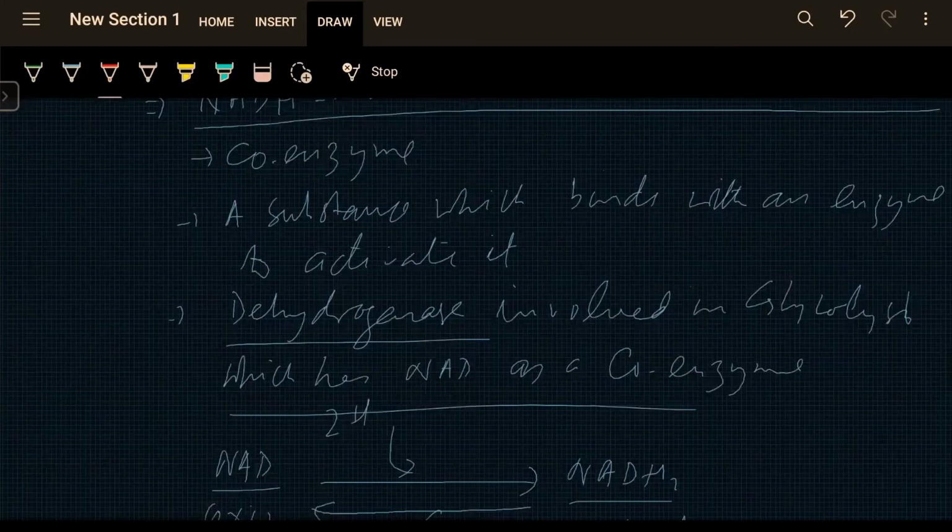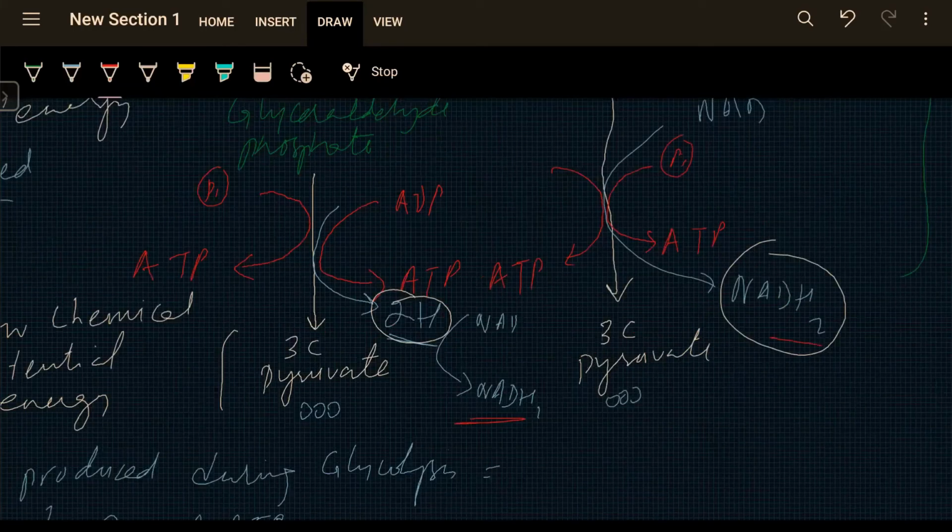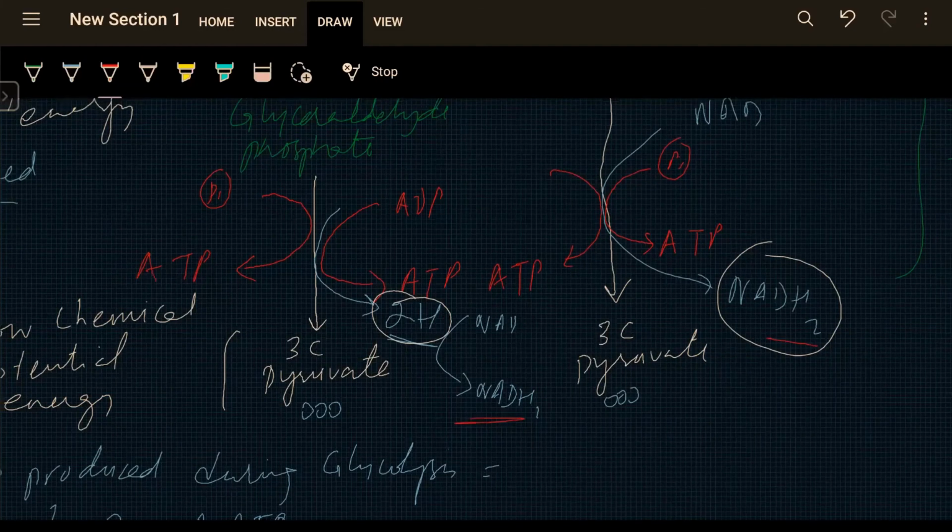See, this is one NADH2 here and one NADH2 here. So there are two NADH2 made during glycolysis.